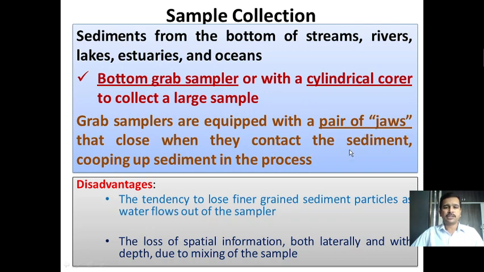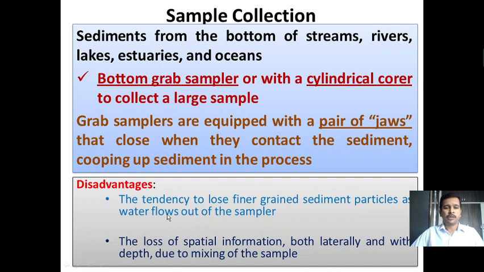Until it reaches the sediment, the pair of jaws will be in an open state. Once it reaches the sediment, it will close itself. So a scoop of the sediment will be obtained, and this sediment will be drawn upward by means of a crane, and that sediment will be subjected to analysis.